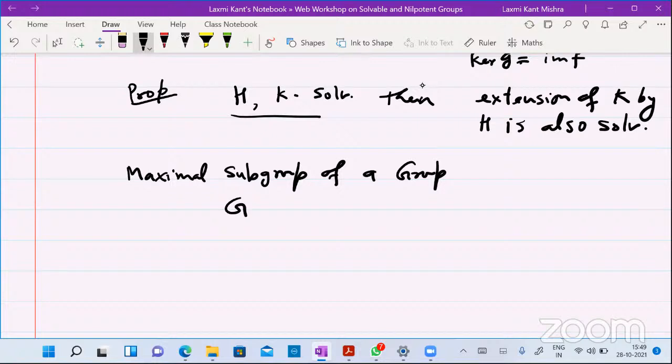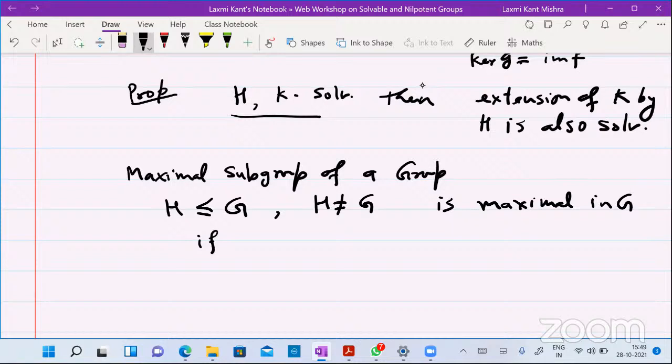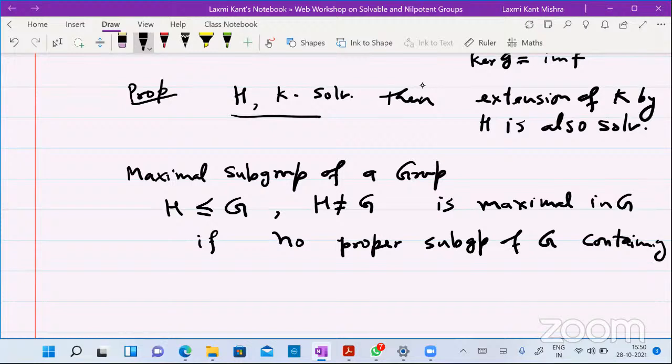Suppose G is a group and H is a subgroup of G, which is not equal to G. Then this H is maximal in G if there is no proper subgroup of G containing H except H itself.